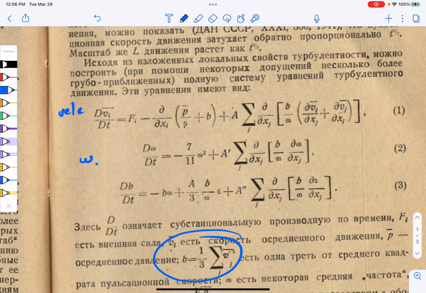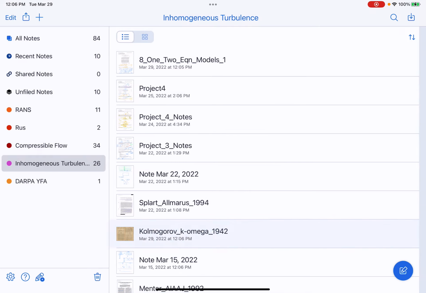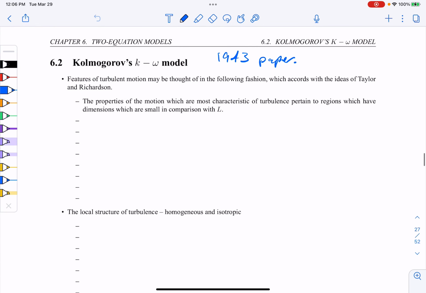I guess it's like turbulent kinetic energy, but it's kind of RMS energy. So this is like a K equation in a different form. And we're going to repeat these equations and look at their motivation. So there they are. You don't have to write this down. It's on the class website, and it's also repeated in the notes.